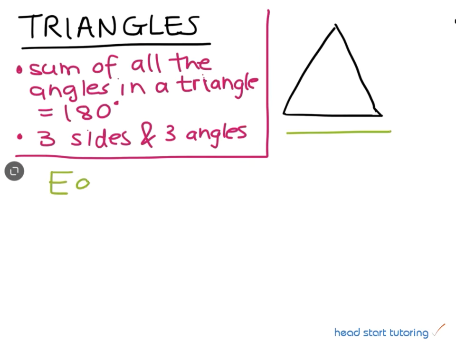Let's consider equilateral triangles and their properties. So if we see this triangle, I will show you that those three sides are equal, even though they may not look equal. I will indicate to you that they are equal by drawing one of these little lines on each of my sides.